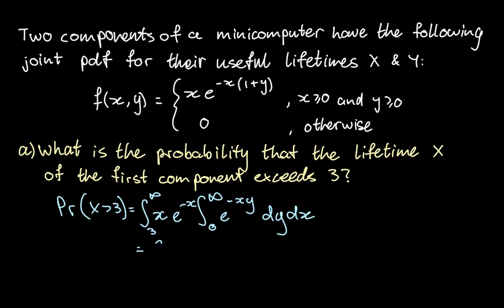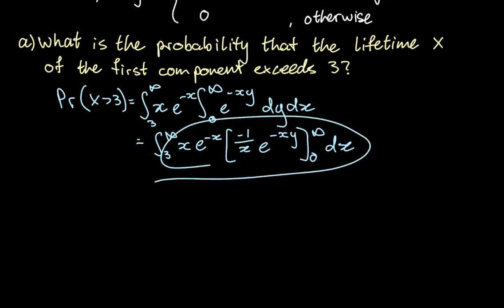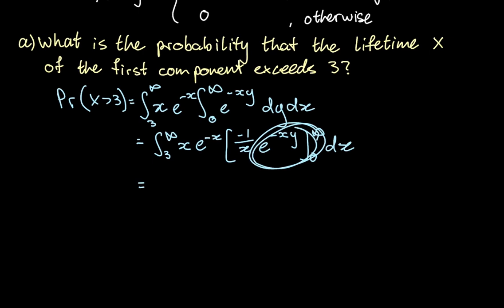Okay, so this is still from 3 to infinity x e to the negative x, and then integrating this in terms of y, I have e to the negative xy, and I divide by the derivative of the exponent, so that's the derivative of negative xy, so I divide by negative x if I'm deriving in terms of y, and I'm integrating that from 0 to infinity, and this whole thing is integrated in terms of x afterwards. Okay, so how do I solve this?